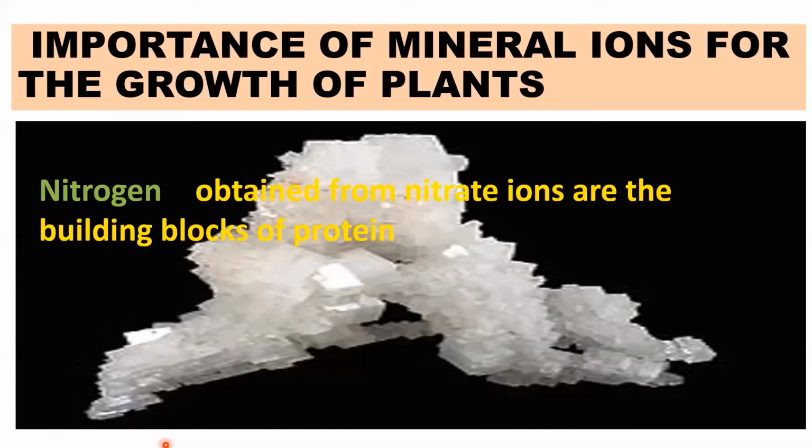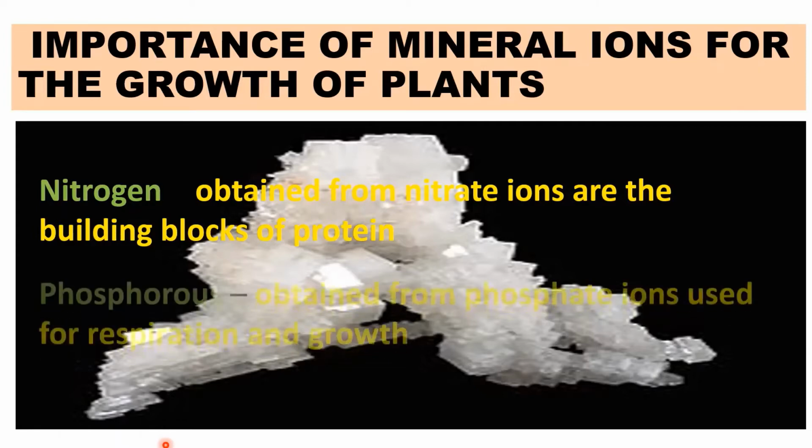They are used for respiration and growth. Otherwise, plants suffer from poor root growth and discolored leaves. Potassium is obtained from potassium ions. Their use is in respiration and photosynthesis.